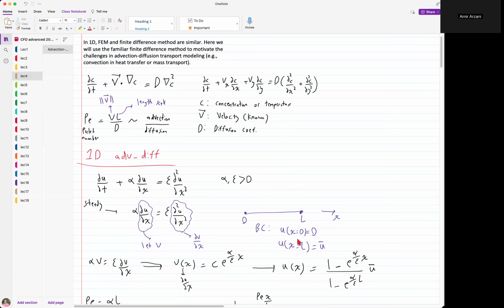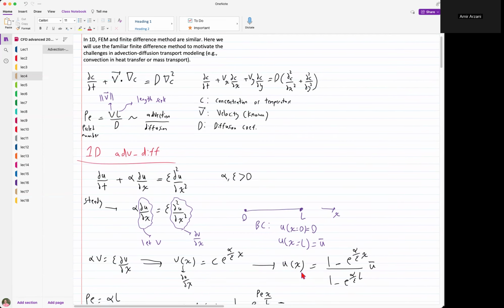Here I'm prescribing Dirichlet boundary conditions on both ends, and this equation is actually pretty easy to solve analytically. If you just let partial u partial x be called v, then you can see that this equation simplifies and you can solve pretty easily for v, and then you integrate and you get the solution u.